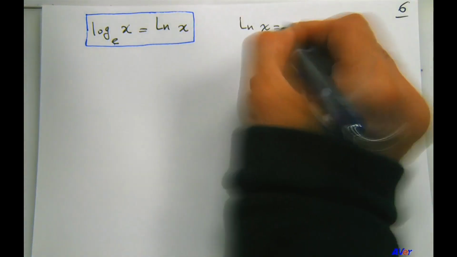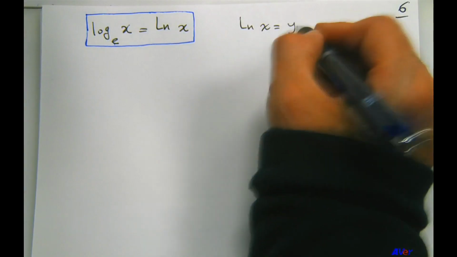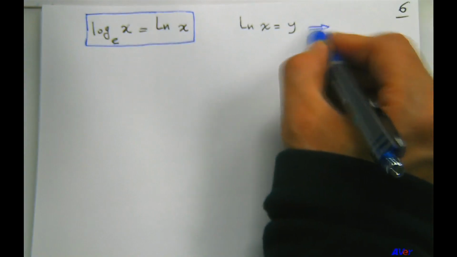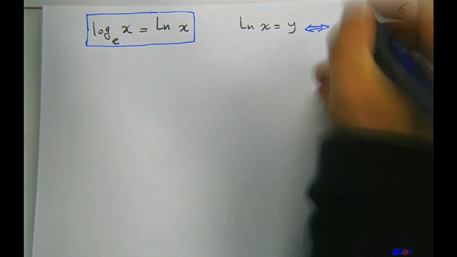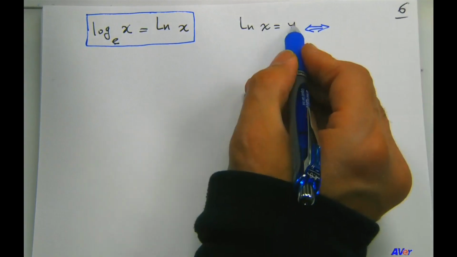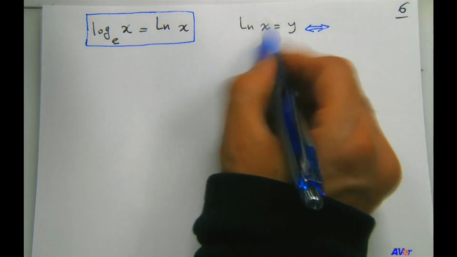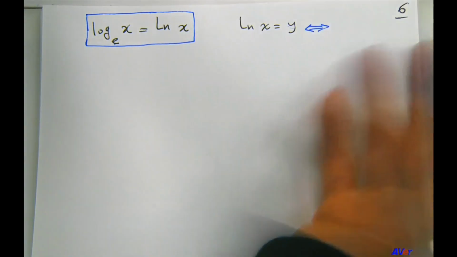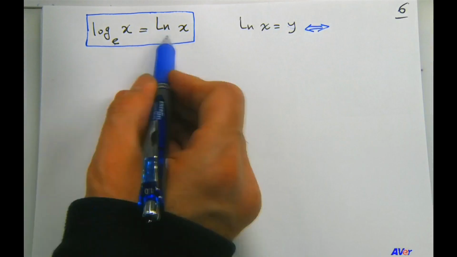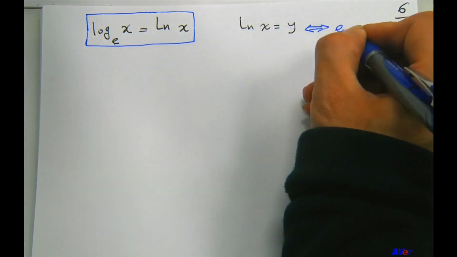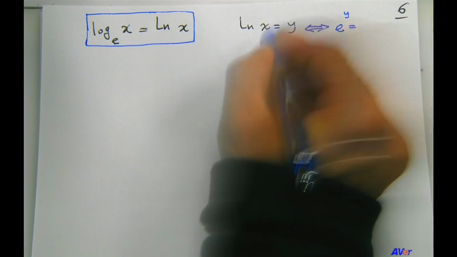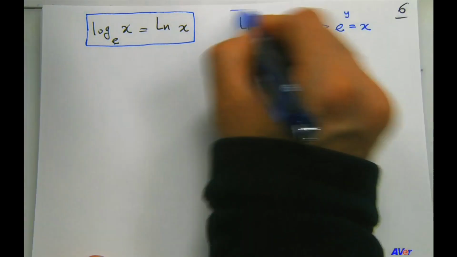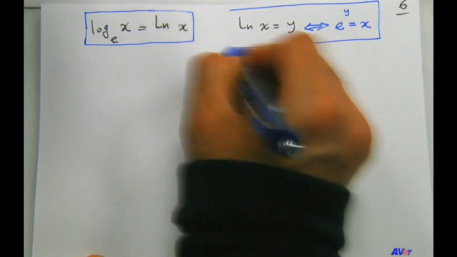And so natural log of x equals y. We can write this in the form of its equivalent exponential function. Log and natural log functions generate an exponent, so this y is an exponent to what base? Well, the base e, right? So e to that exponent equals this result.